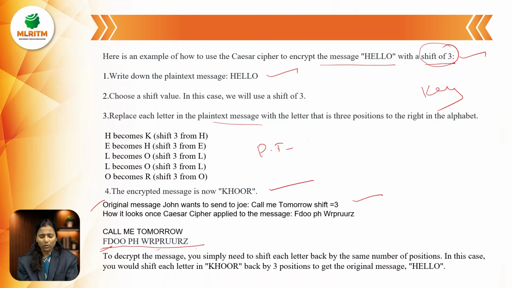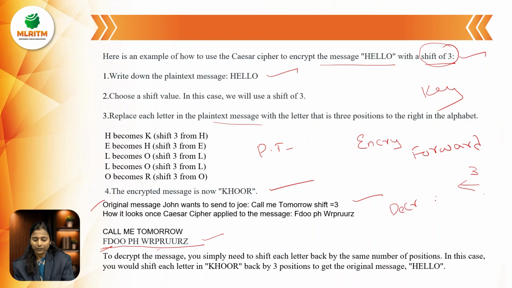In this process, the Caesar cipher can be applied. This is the encryption process. Coming to the decryption process, the shift of 3 is done backward. Encryption is done forward, and decryption is done backward, using the same number of positions.